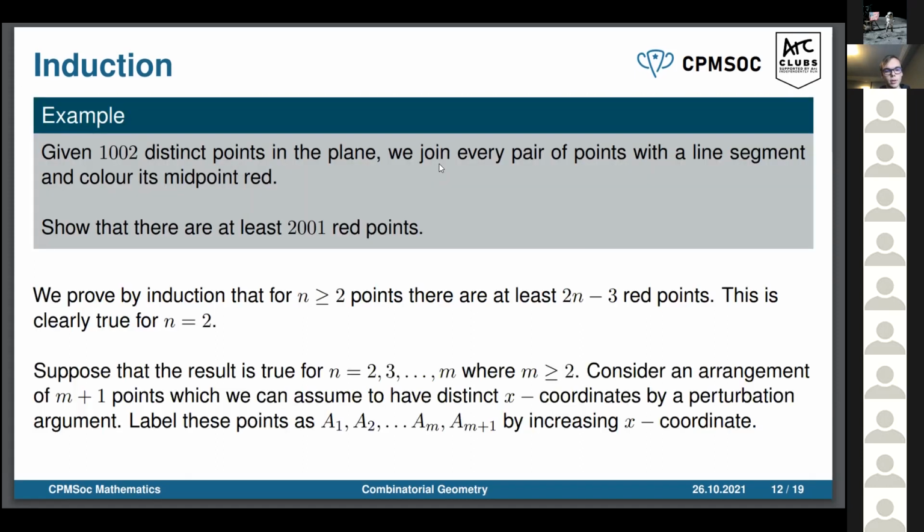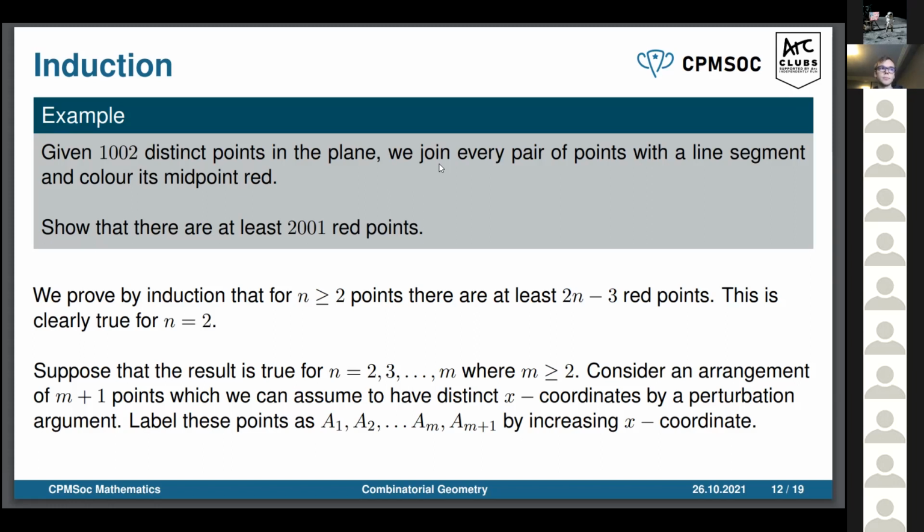Certainly it takes a little bit of fiddling around, I guess, to get this 2n minus 3 quantity. Certainly when you plug in 1002 as n, your 2n minus 3 is going to be greater than or equal to 2001. In fact, it's going to be exactly 2001, which is convenient.